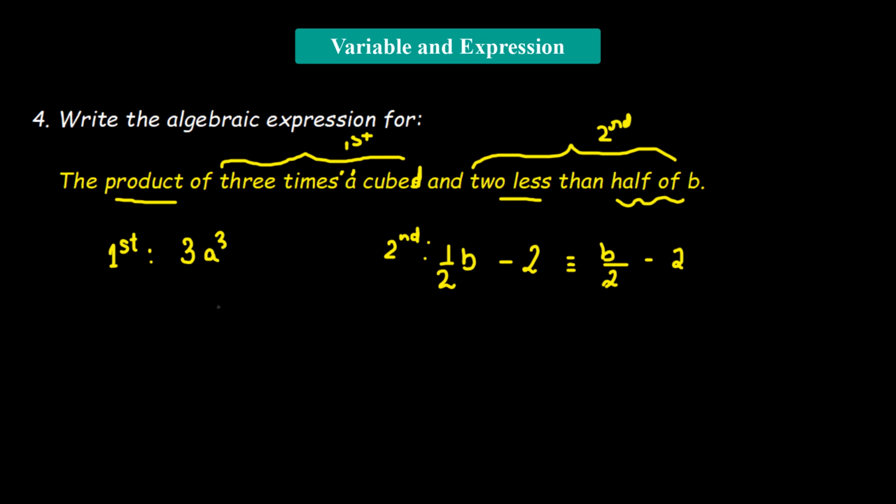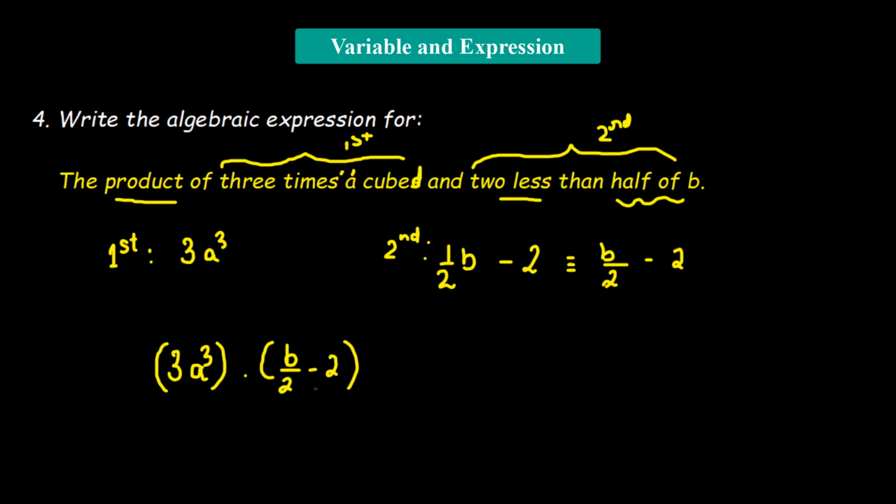Now we combine the two numbers. We need to multiply the two statements. So we have 3a cubed multiplied by b over 2 minus 2. This is 3 times a cubed multiplied by 2 less than half of b, so b over 2 minus 2.